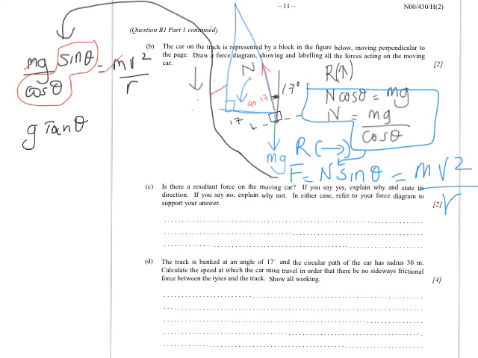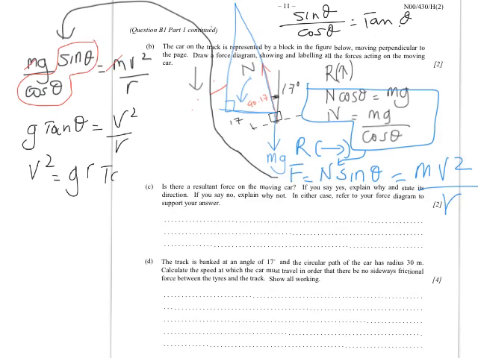So that was a maths thing. If you remember, sine of the angle over cosine of the same angle equals tan. It's a neat little simplification trick. So back to this, g tan of the angle equals v squared over r. So we could work out v squared easily by doing g r tan 17 degrees.